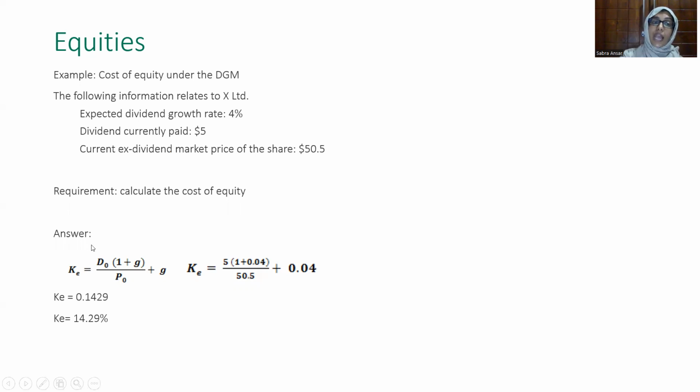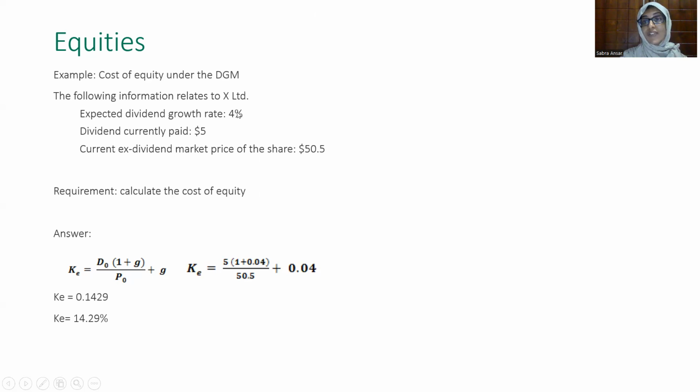When we are calculating the cost of equity, KE would be D0, which is the dividend currently paid. So here we use 5 instead of D0, and we add 1 plus the growth rate.